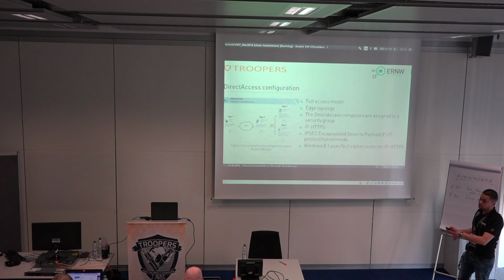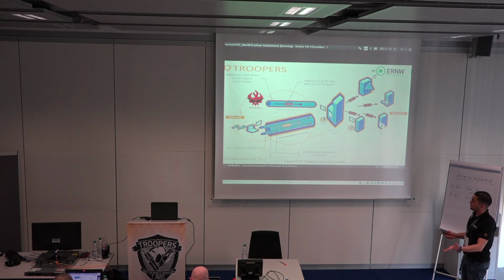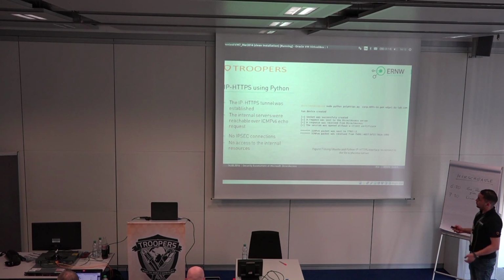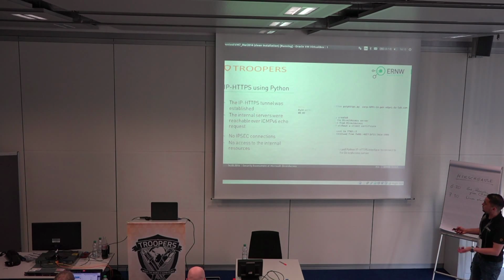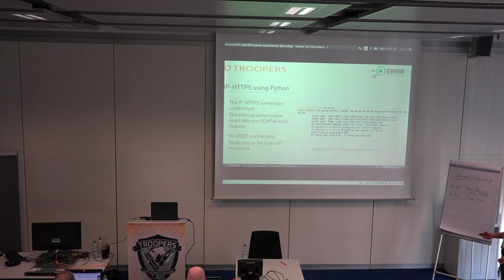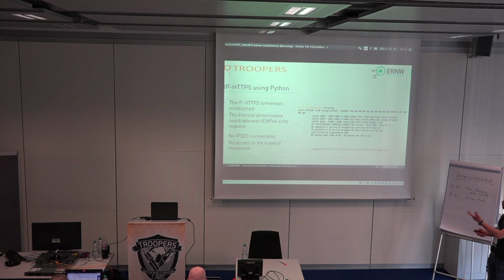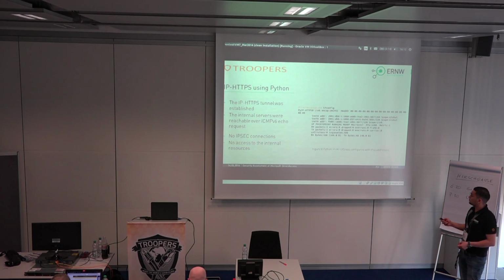We saw the first scenario, and the script connected successfully. The attacker was connected successfully to the DirectAccess server through the IP-HTTPS Python script. The connection was established, and the interface was created with global IPv6 addresses from the prefix that was advertised from the DirectAccess server.